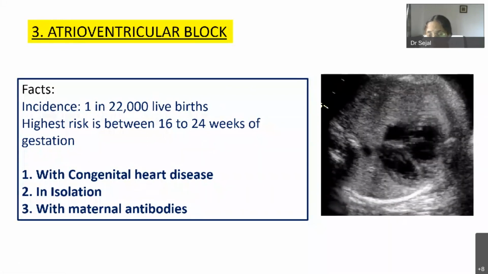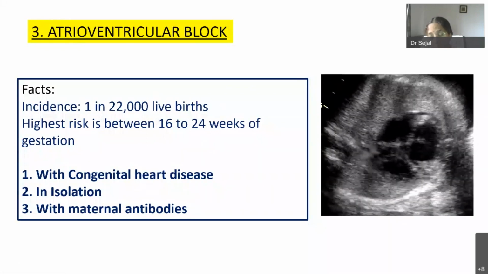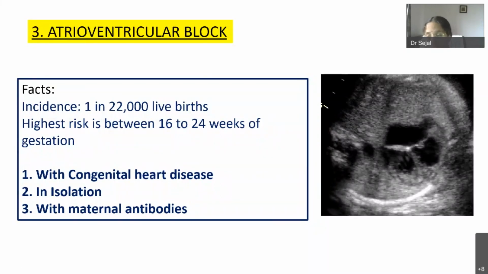Now, this duration is important, especially if the mother is antibody positive, mother also already knows that she is positive, and then we are monitoring a pregnancy, or if the first baby is having a heart block, after which the mother was evaluated and the mother is positive, the second pregnancy monitoring is going to be done very judiciously, where you need to know that the peak period during which the possibility of developing AV block is between 16 to 24 weeks. Some people would say that after 26 weeks, it's less likely, and usually the monitoring after 30 weeks is not needed.